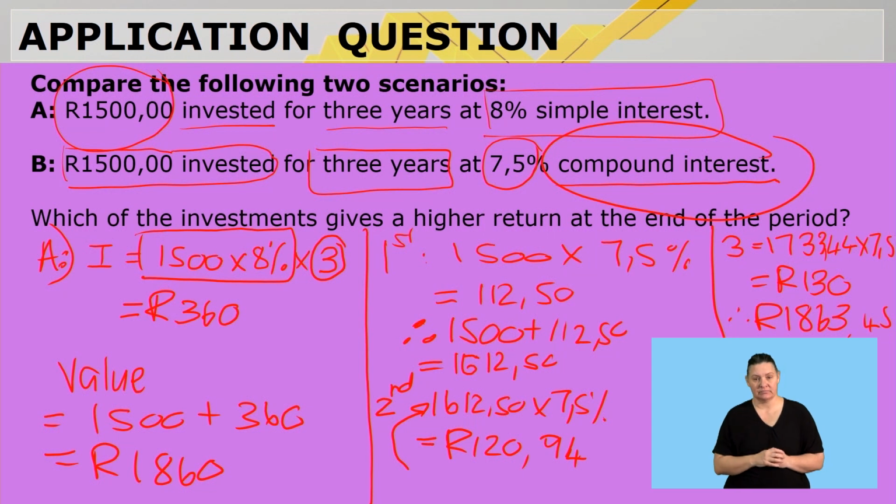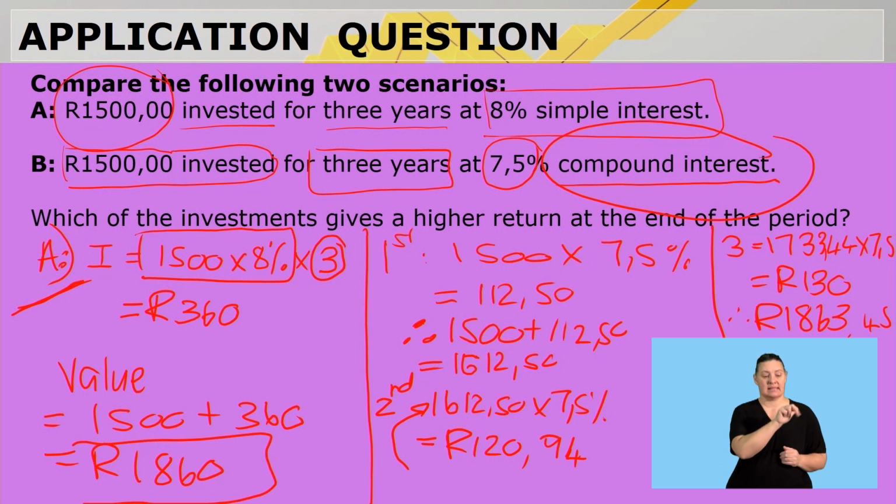Now let's look at this. Option A, we end with 1,860 Rand. Option B, we end with 1,863 Rand and 45 cents.